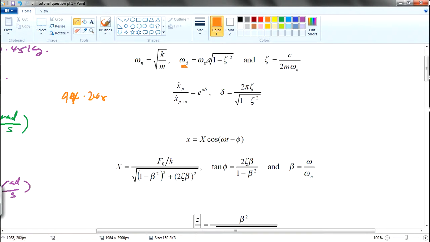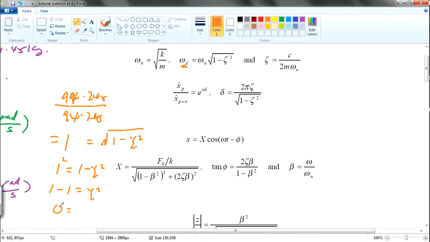If this is 94.248, it equals the natural frequency because they are the same. So it equals 1, which equals the square root of 1 minus damping squared. Squaring both sides, 1 squared equals 1 minus damping squared. Then 1 minus 1 equals 0, but there must be some damping value, and in this case it's 0.